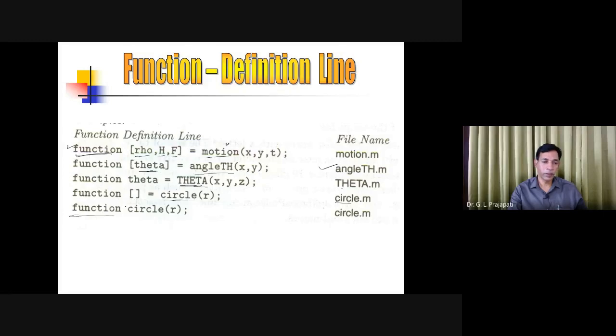So you don't mention the equal to sign. If you don't want to return any value, just say circle. This is the name of the function, and if you have some arguments, 1 or 2 or 3, you can save the file by the name circle.m.